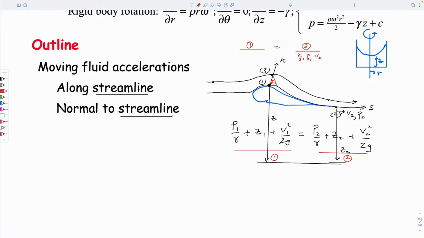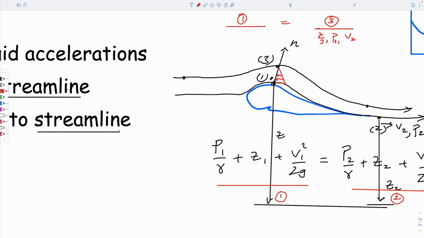So if we were thinking about having a packet of fluid here, let me use a different color, fuchsia. So imagine that around this point here I had a packet of fluid, and I wanted to drag it in this direction by providing a force.